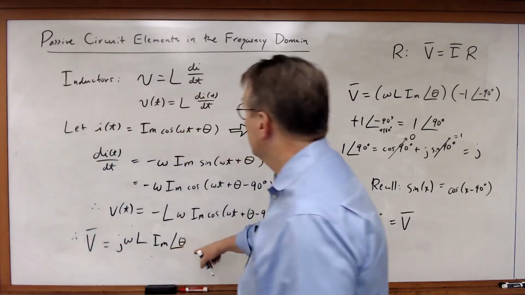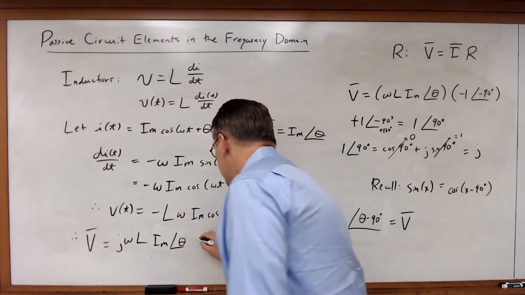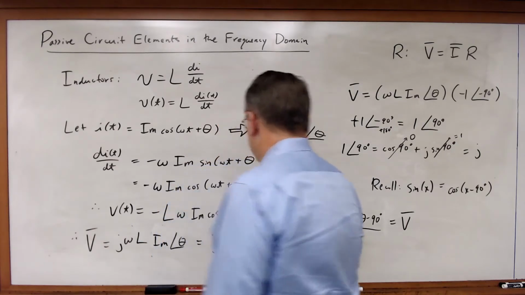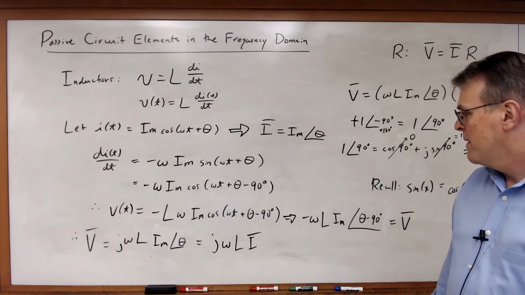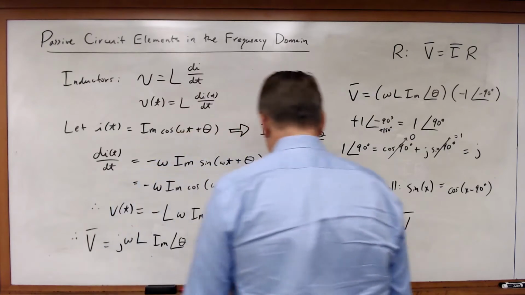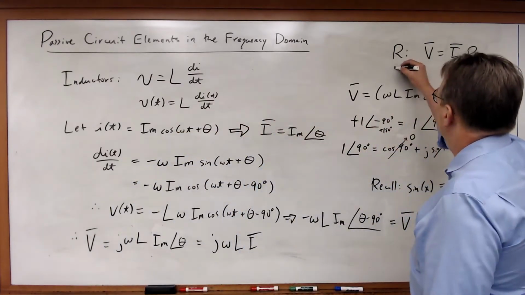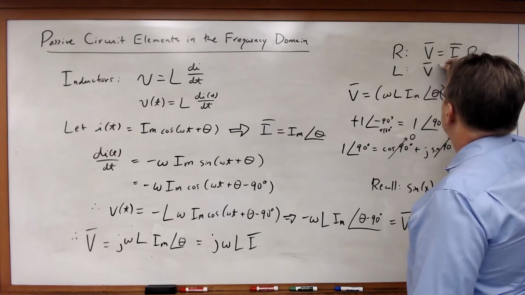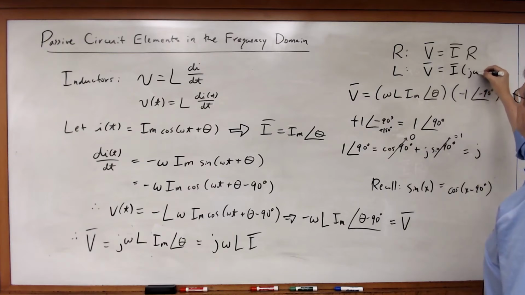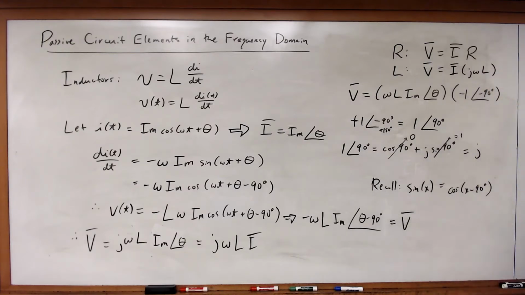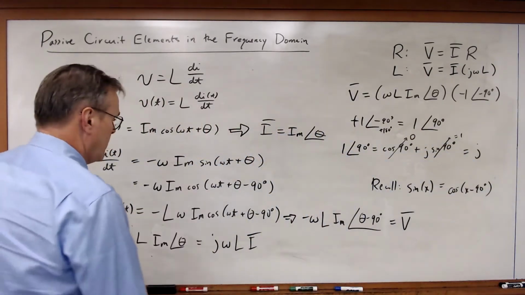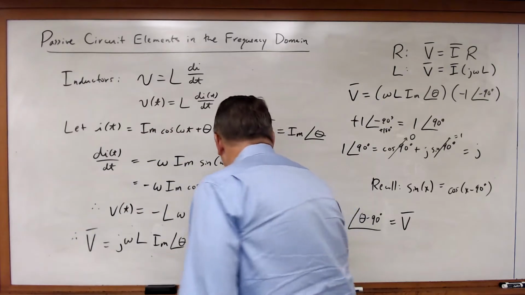And then this is clearly equal to the phasor current I. And so I just substitute, and this is equal to j omega L times I. So now look what I have for the inductor: V is equal to I times j omega times L. All right, so this is our expression for inductors.